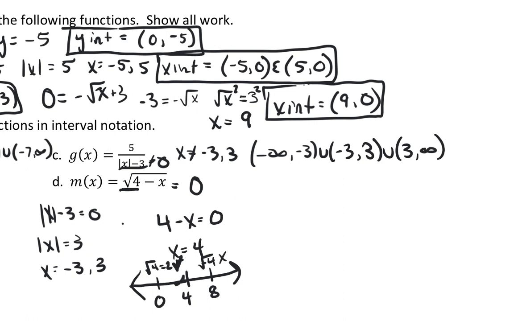So we know that our domain is on this side of the number line, and 4 is the greatest number, so x is less than or equal to 4. We can equal 4, because that would give the square root of 0, which is 0. So this domain would look like -infinity all the way to 4.